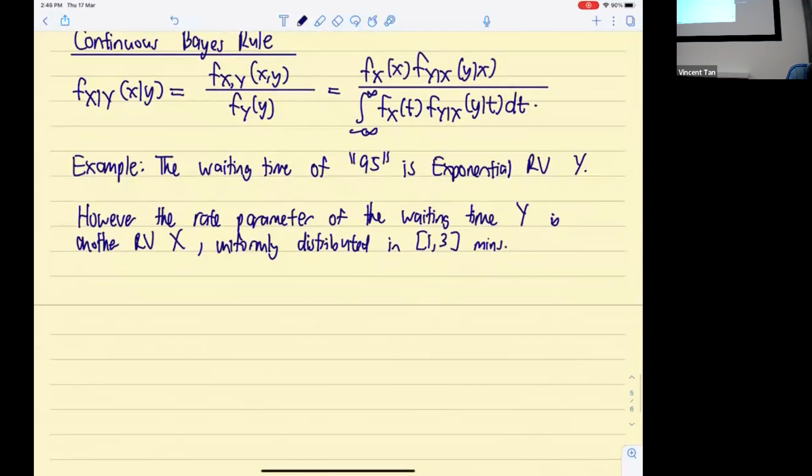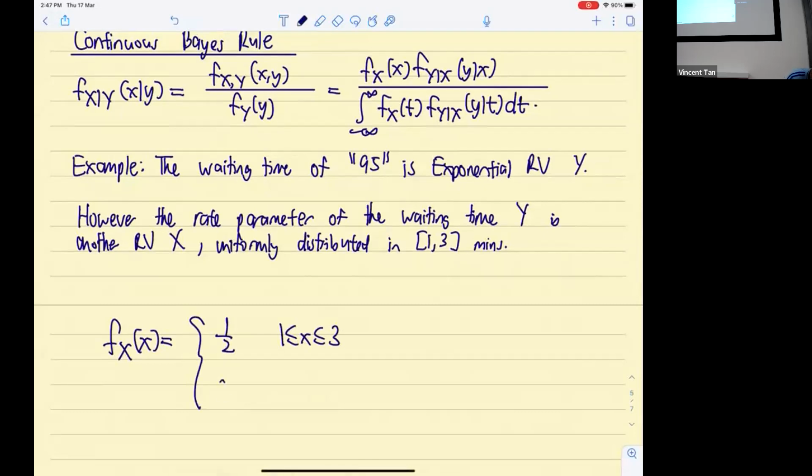Okay, a few things first, all right? So f of y given x. Okay, before that, right? So what is our density of x? X is uniform. Uniform on 1-3, so it's 1/2, for x between 1 and 3. Okay, that is our rate parameter.